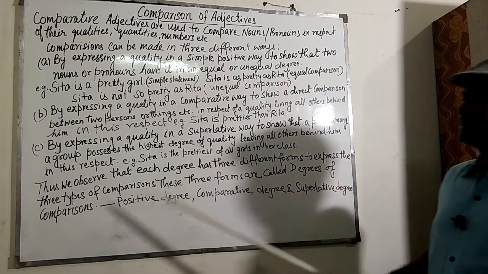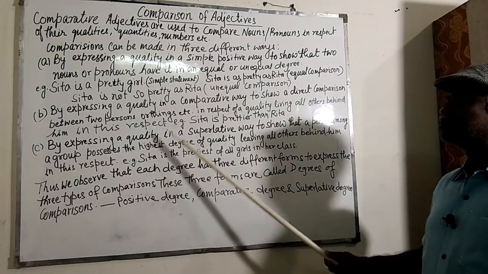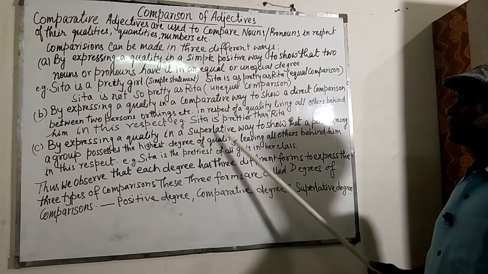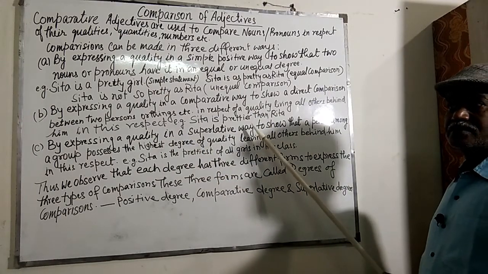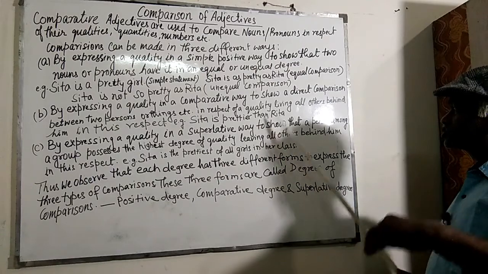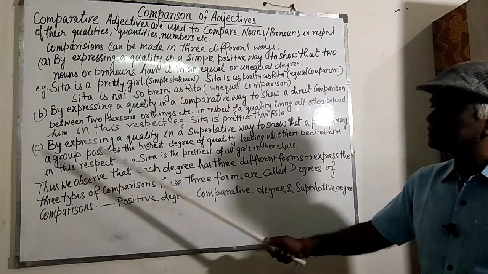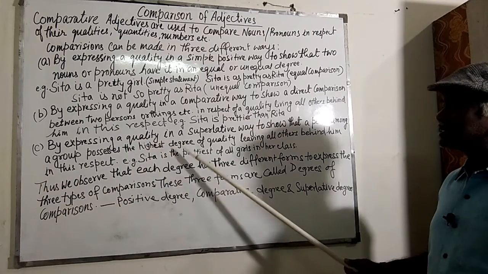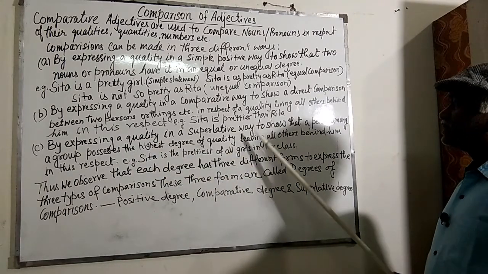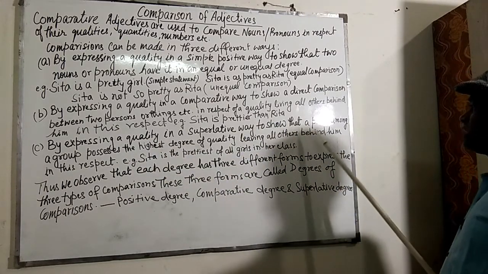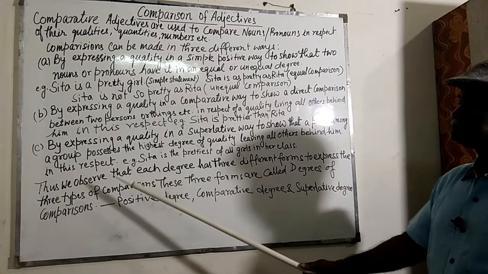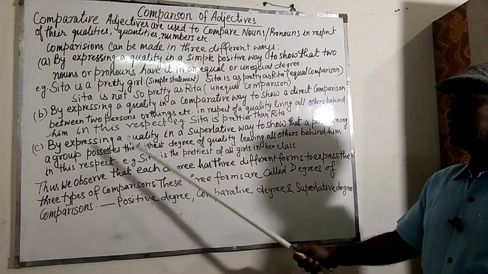And the third way is by expressing a quality in a superlative way, that is the highest way, to show that a person among a group possesses the highest degree of quality, leaving all others behind him in this respect.